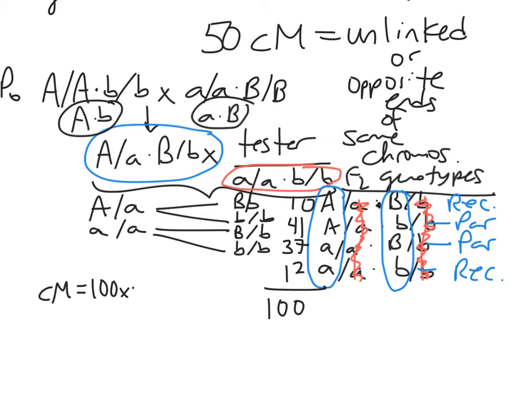Centimorgans is 100 times the recombination fraction. How do you calculate recombination fraction? So the number of recombinants, 10 plus 12, divided by the total number of individuals, which in this case is 100. So what's the genetic distance between A and B?